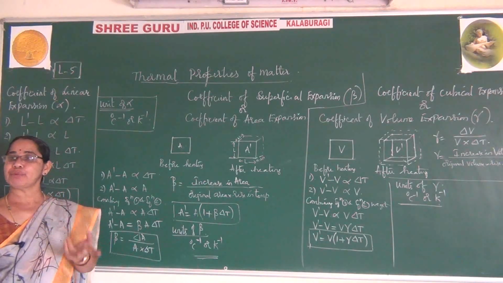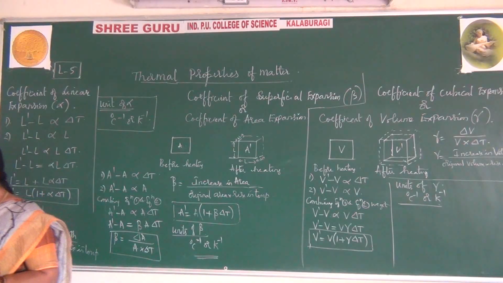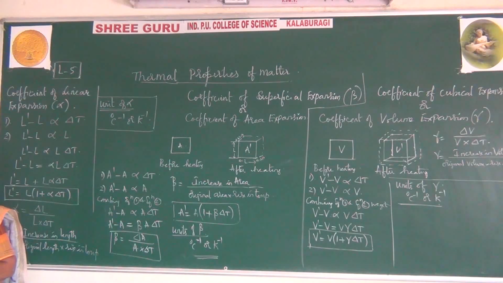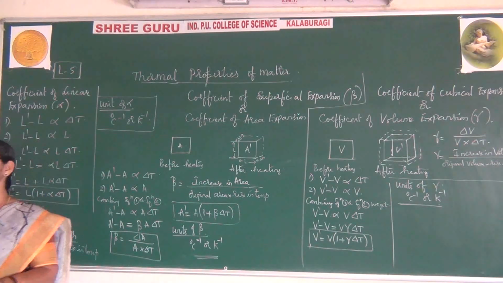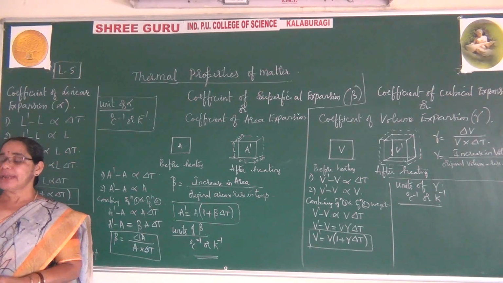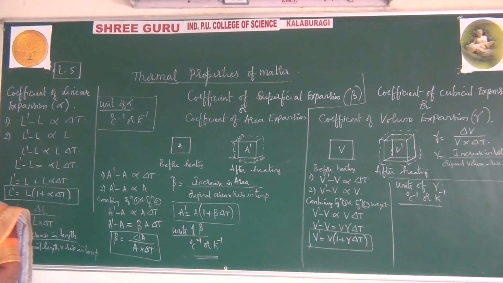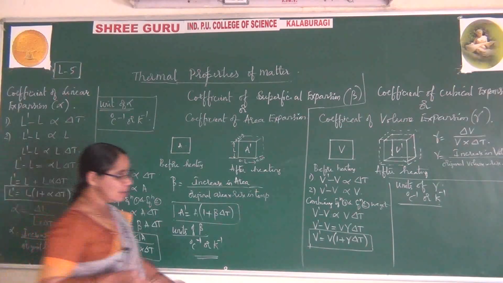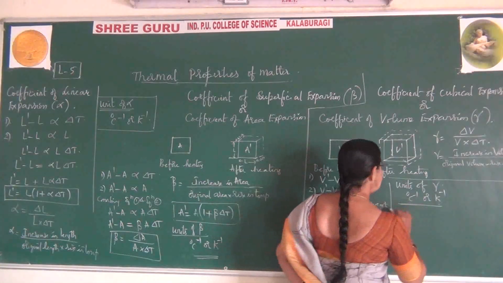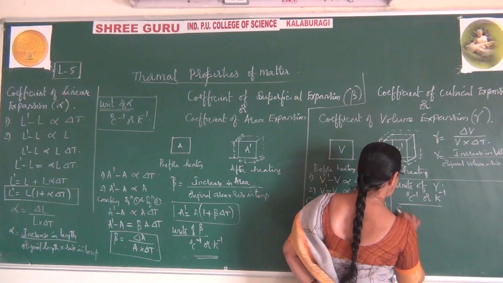A combination of both iron and nickel, and its volume expansion coefficient is 0.1 into 10 raised to minus 5 per degree centigrade. This is how you can observe it for solids. This is the coefficient of expansion for solids.